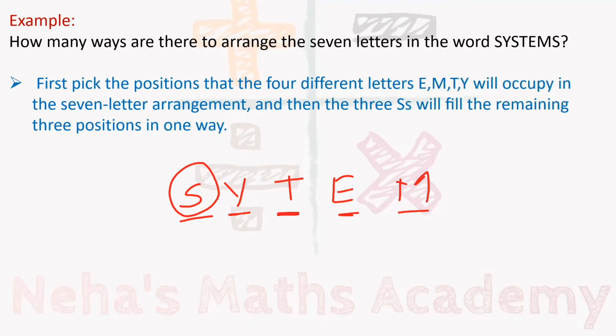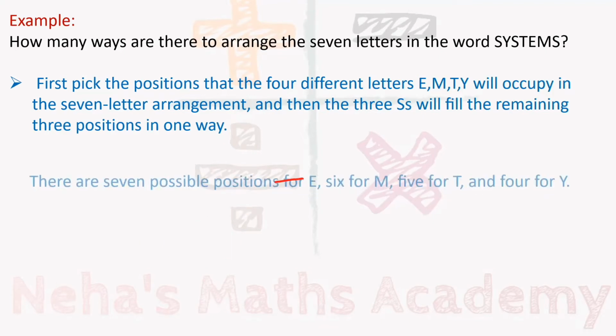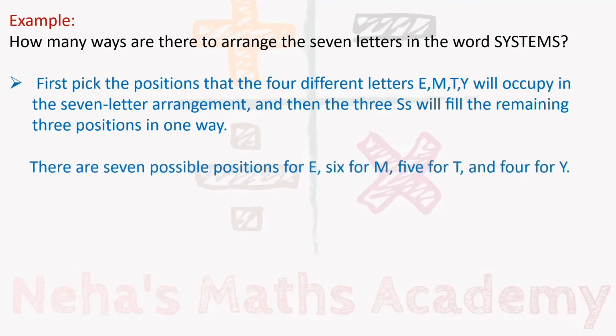These are the 4 different letters. So this can be arranged in 7 positions by 7P4 ways. That is arrangement of 4 different objects from 7 objects. And then the 3 S's will fill the remaining 3 positions in one way. So there are total 7P4 arrangements.